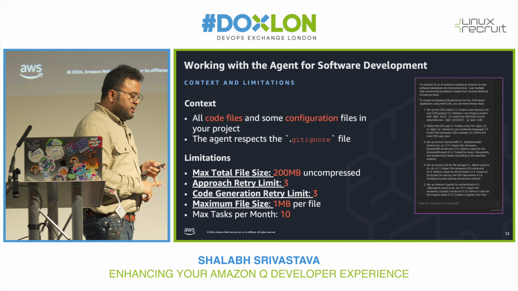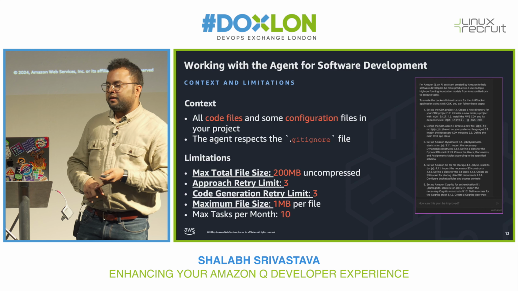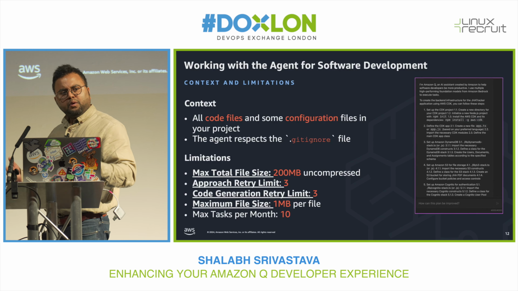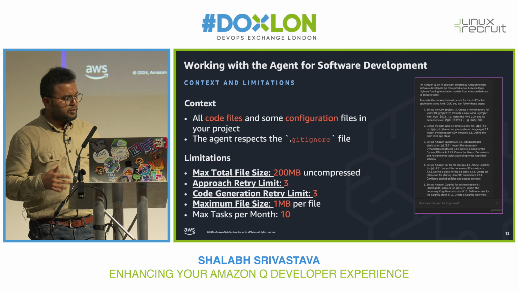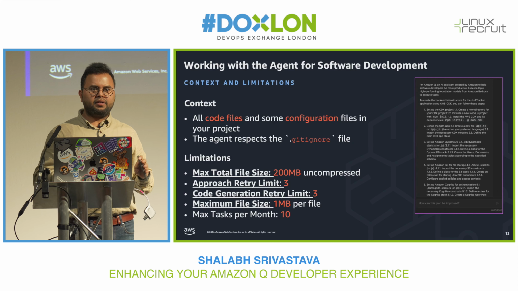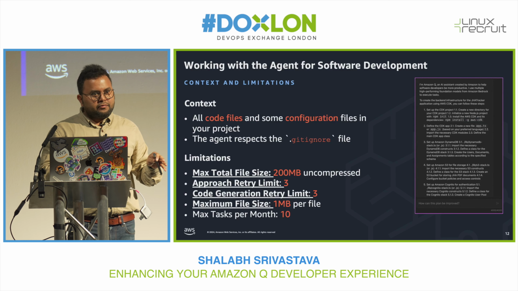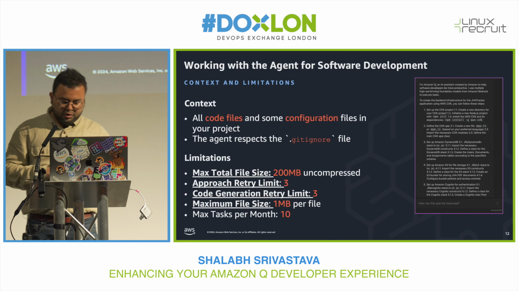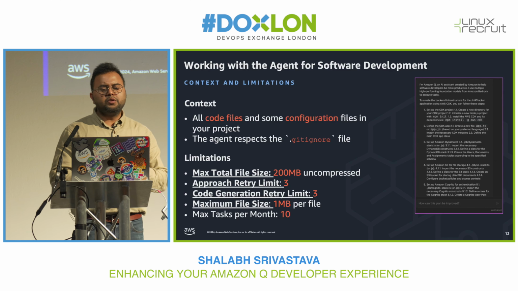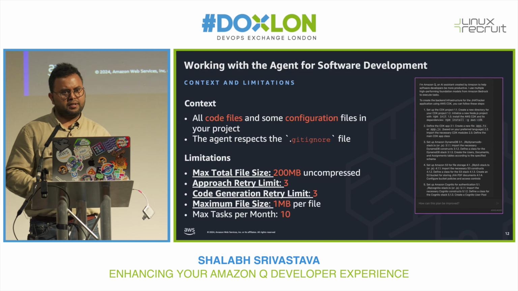We talked about inline code, we talked about chat. Now I want to do something more. I am a more hands-on developer. I know level 100, level 200, but what more can you give? That's where the Q developer agent comes into the picture.